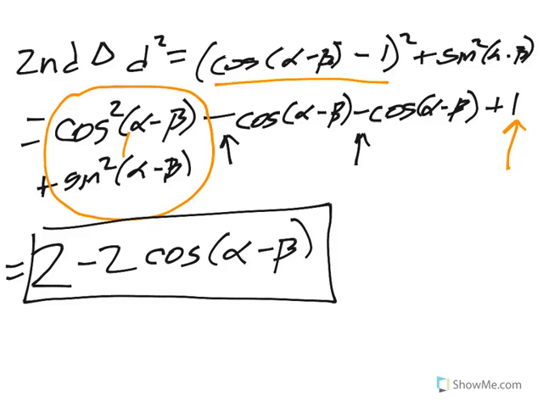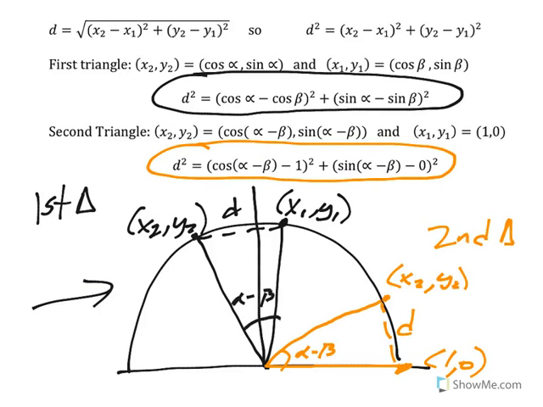I'm going to write that down. The first triangle we have already written down. Now here's the square of the distance of the second triangle. I know that the distances are equal, the d's are equal, and so the squares of the d's are equal.